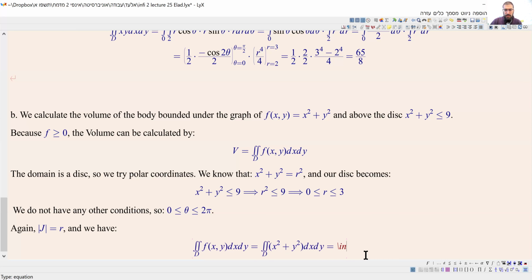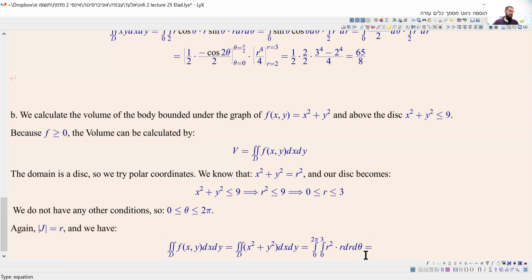It becomes the integral from 0 to 2 pi, the integral from 0 to 3 of r squared multiplied by r, the Jacobian, dr d theta. Let's do it quickly.